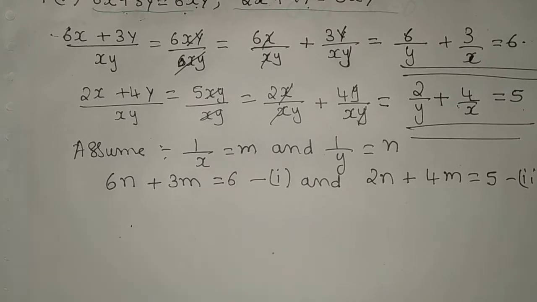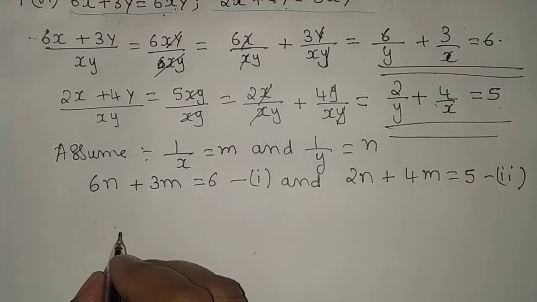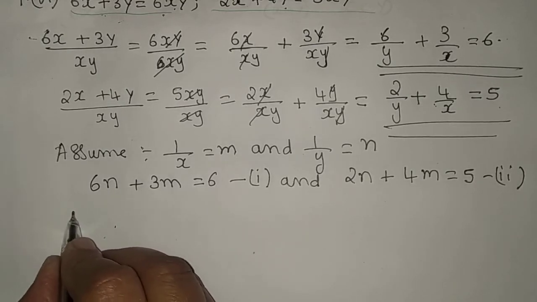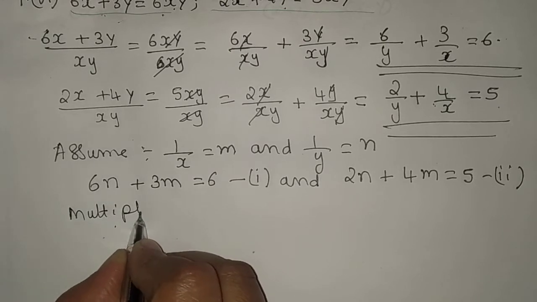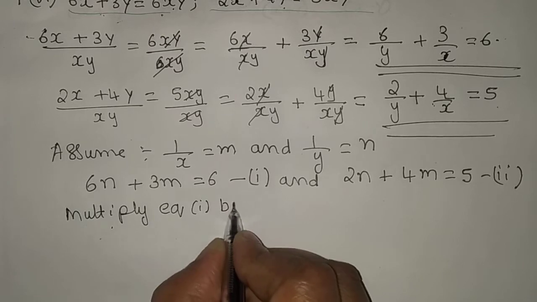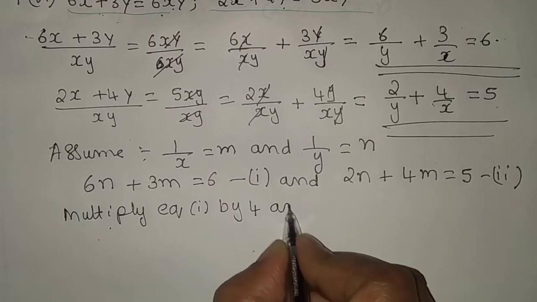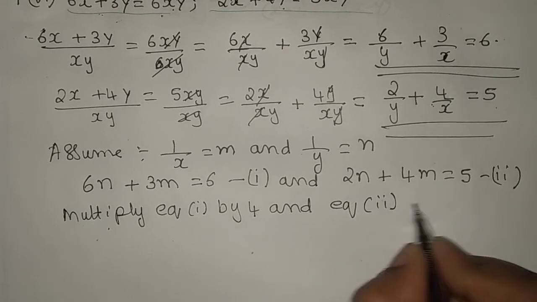So we got the two equations here. Now the next step is to multiply equation 1 by 4 and equation 2 by 3.